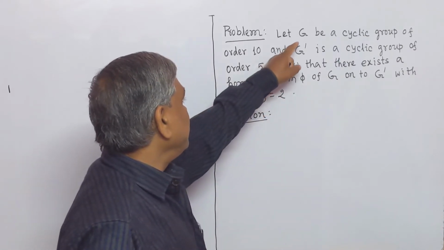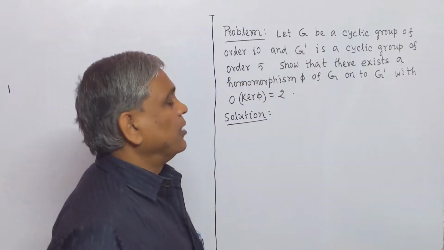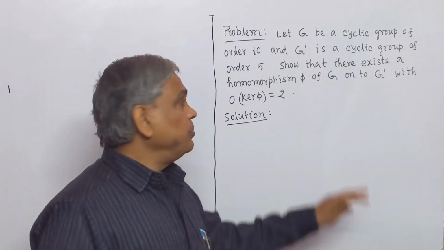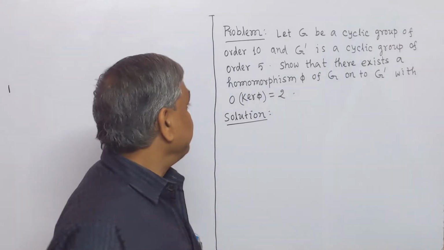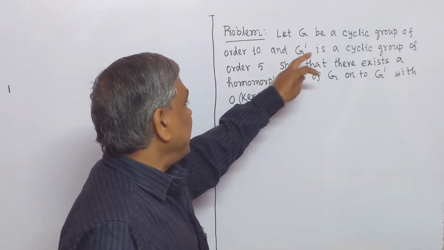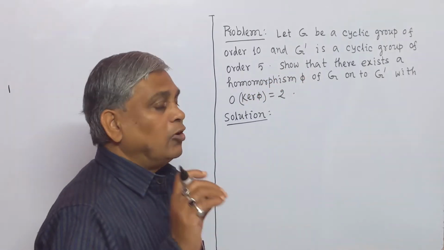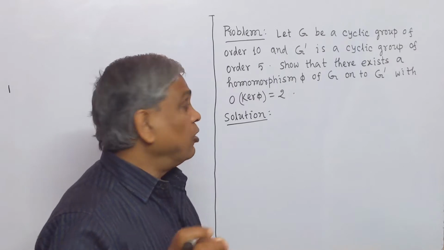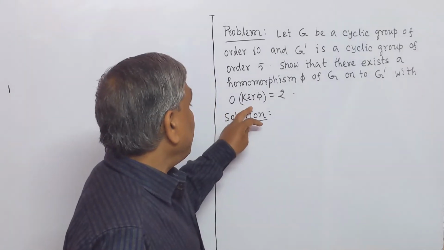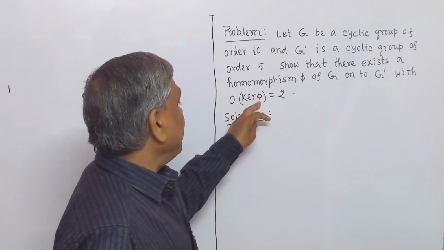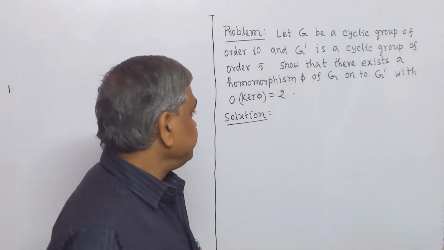Problem is, let G be a cyclic group of order 10 and G prime is a cyclic group of order 5, so that there exists a homomorphism phi of G onto G prime with order of kernel of phi equal to 2. Now we solve this.